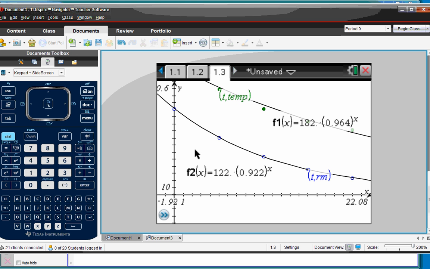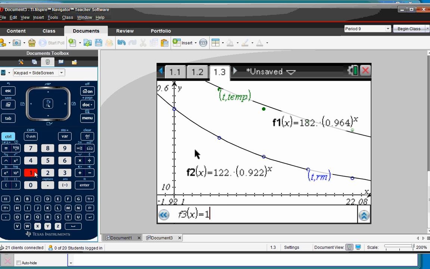Because what did we do to every one of those temperatures? If we subtracted 68 off of that number, the equation needs to reflect that. So I need to use this equation, which is 122 times 0.0922 to the x, and then add 68 to it. Why am I adding 68?